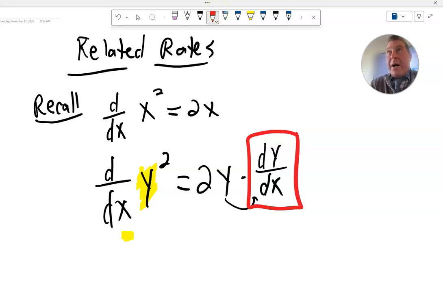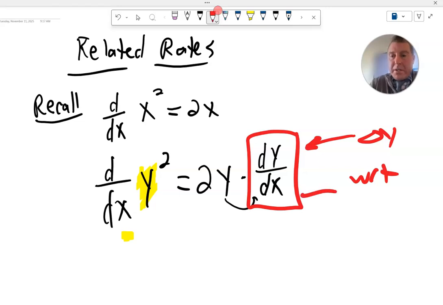Now dy dx, as we've been investigating, is the instantaneous rate of change of y with respect to x. In other words, that's the slope of the tangent line, the slope of the curve at a point. It's the instantaneous change of y with respect to smaller and smaller changes of x.